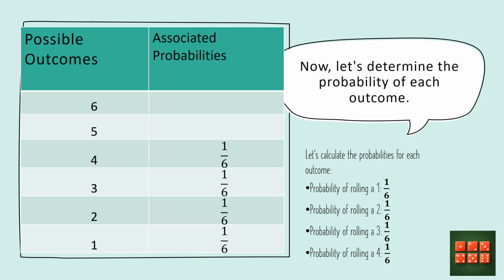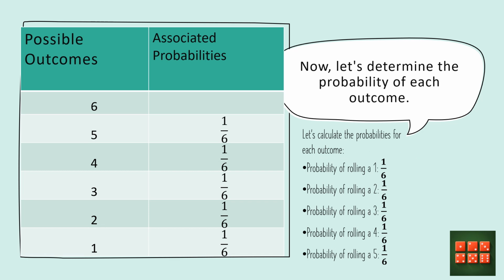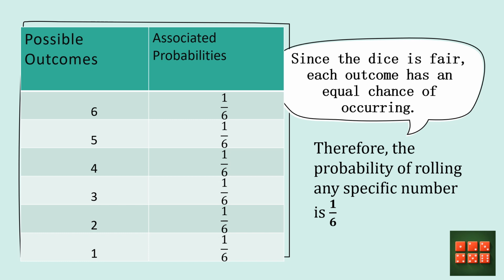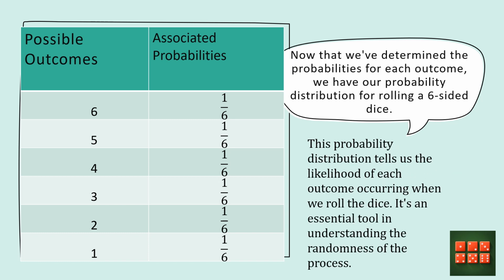The probability of rolling a 4 is 1/6. The probability of rolling a 5 is also 1/6. The probability of getting any of the numbers is 1/6. Since the dice is fair, each outcome has an equal chance of occurring. Therefore, the probability of rolling any specific number is 1/6.